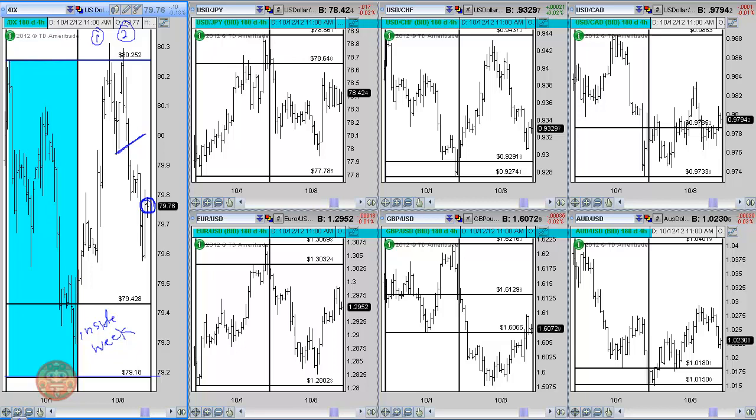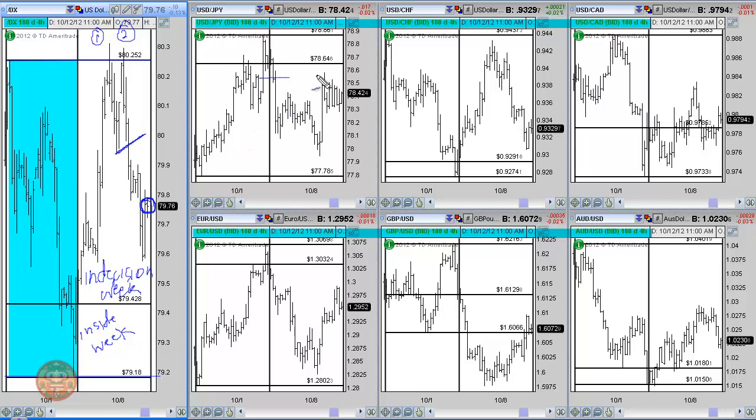So you can look at an inside week as an indecision week, or an indecision day if it happens intraday. Just notice that when you have the market doing this kind of thing, it's really tough to jump on a trade and try to hold on to it for any long duration or long period of time.